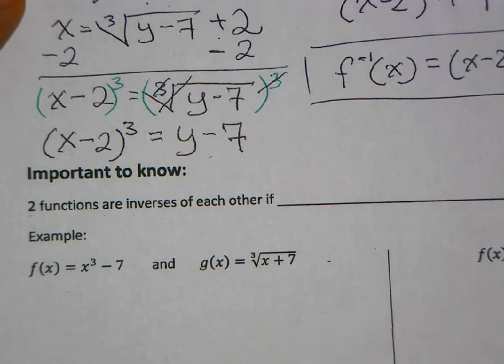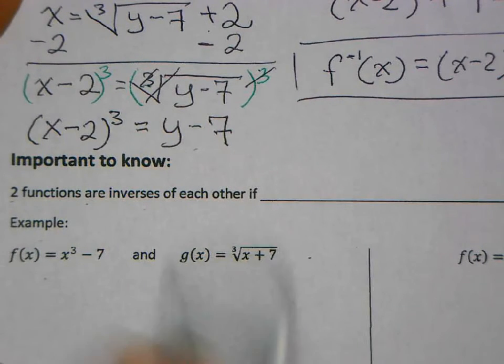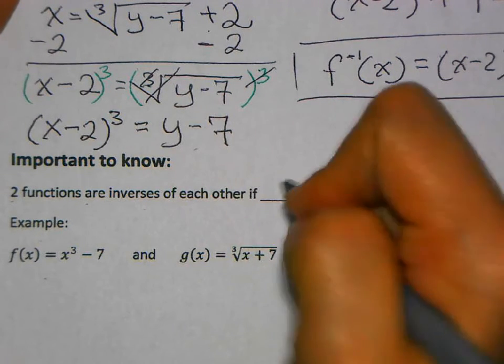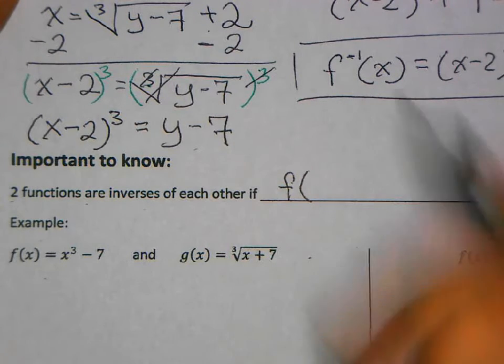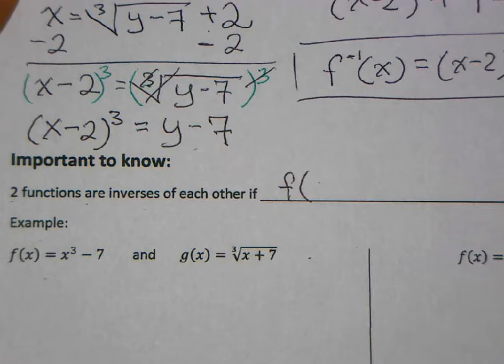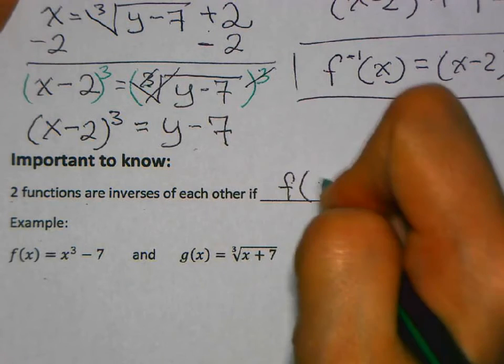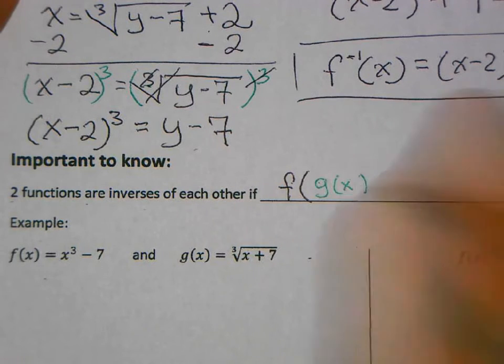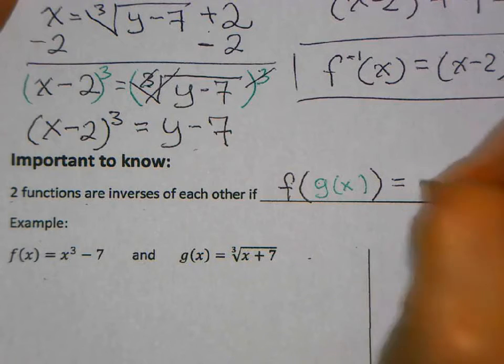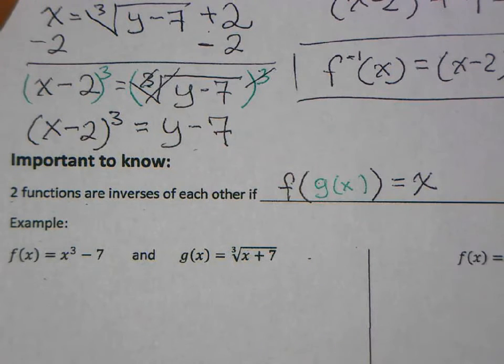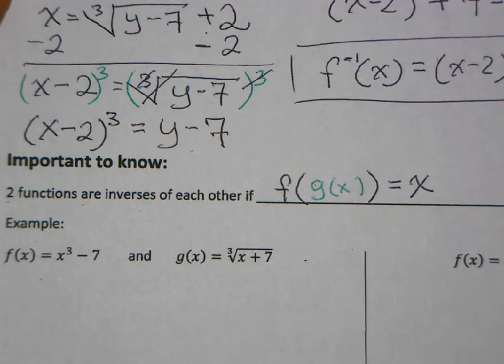Well, one thing that they talked about was when two functions are inverses of each other, this is going to happen. When you take the first function and then plug in the second function, so take whatever equation the second function is, plug that into your first function, it's going to leave you with just x. It's going to cancel everything else out and leave you with just x.